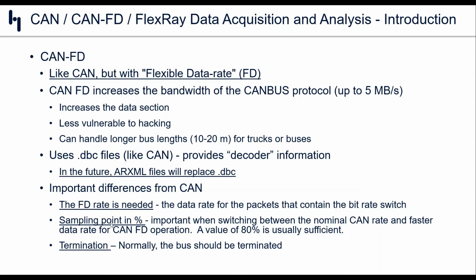This is important when switching between the nominal CAN rate and faster data rate for CAN-FD operation. A value of 80% is usually sufficient. Termination is also important, as normally the bus should be terminated. This is especially important when you tap into a CAN-FD bus that is not in, say, via an OBD port.